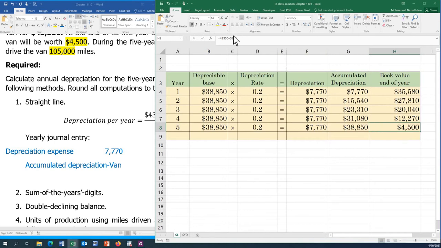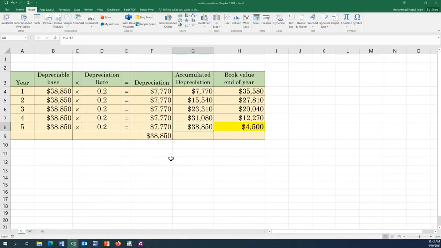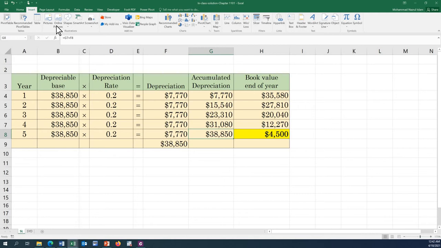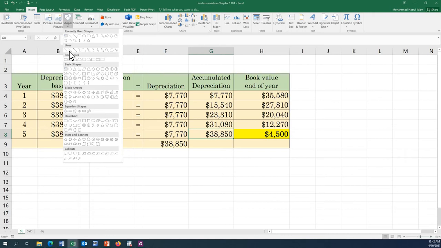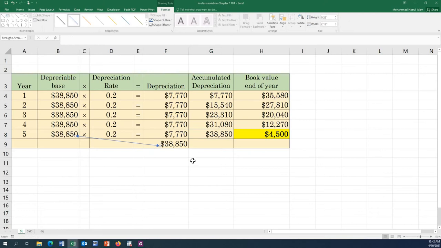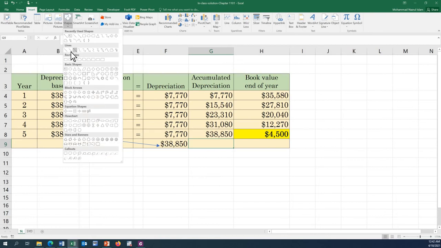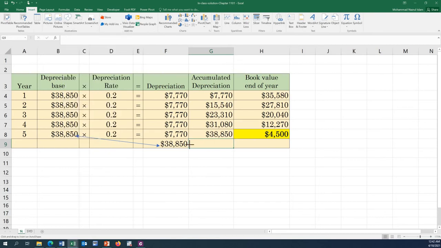Now let's sum up. This is the total depreciation, and this is the accumulated depreciation. Let me insert a shape.